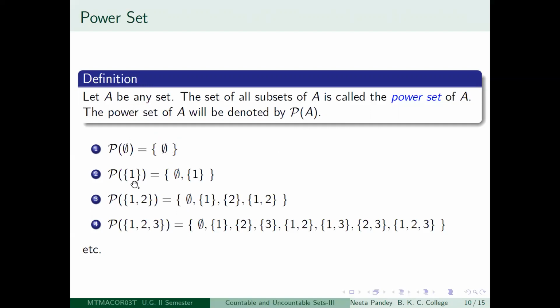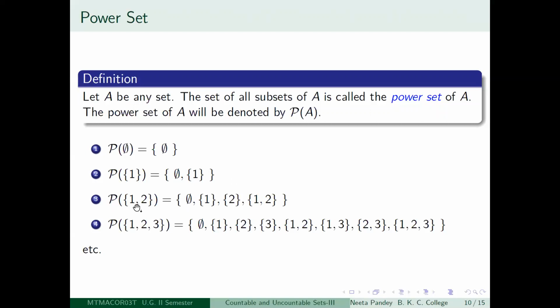Similarly, if you look at the power set of the singleton set {1}, then what are the subsets of {1}? We have to list that. One is the empty set, the other one is the whole set itself. So the power set of {1} will contain two elements. So the power set of the empty set contains 2 to the power 0 elements. The power set of a singleton contains 2 to the power 1 elements.